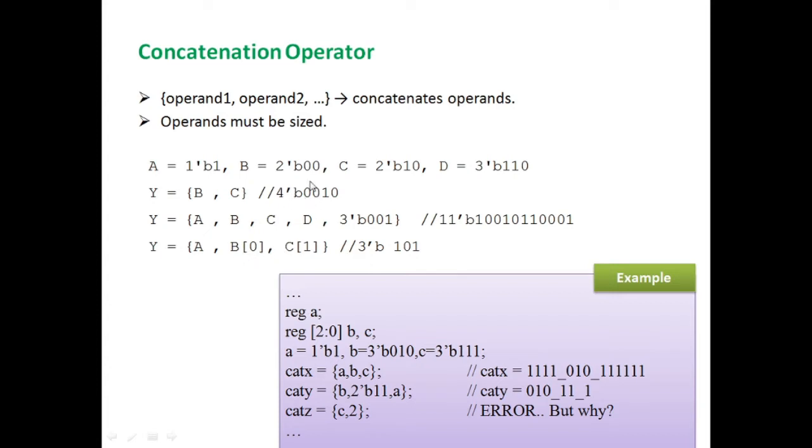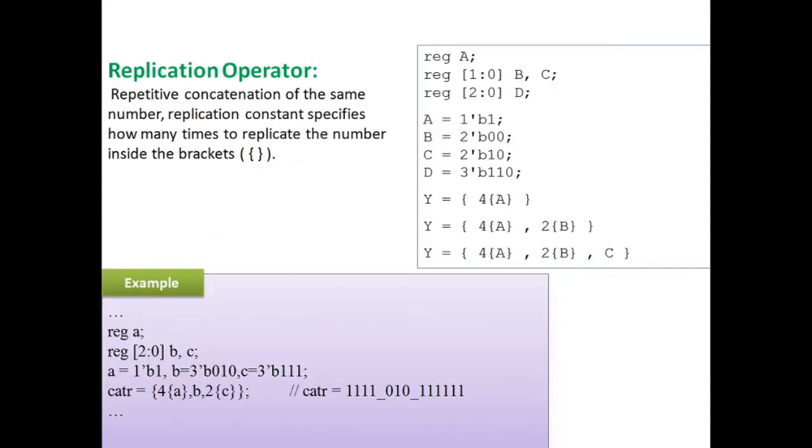It is a vector part select, so I am extracting 1 bit from each, and a is also 1 bit. The result is 3-bit binary 101. This is just a simple concatenation operation, clubbing or appending.